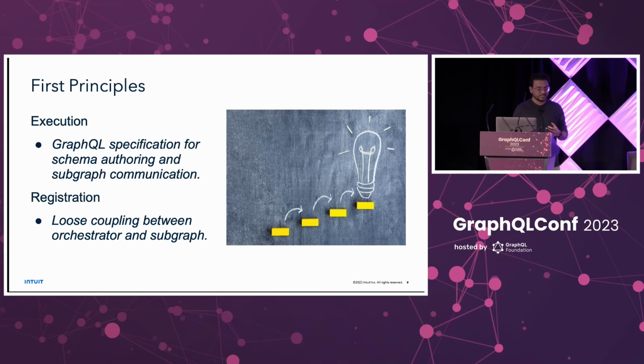For registration, we didn't find the process very efficient in the other two orchestrator ecosystems. So it was very important to have loose coupling between the subgraph and the supergraph, so that they can follow their own deployment life cycle and work independently.